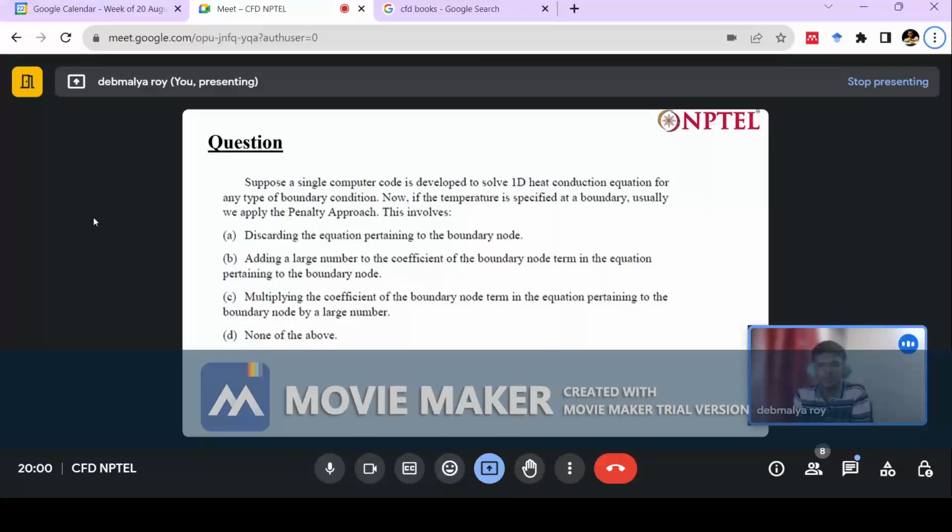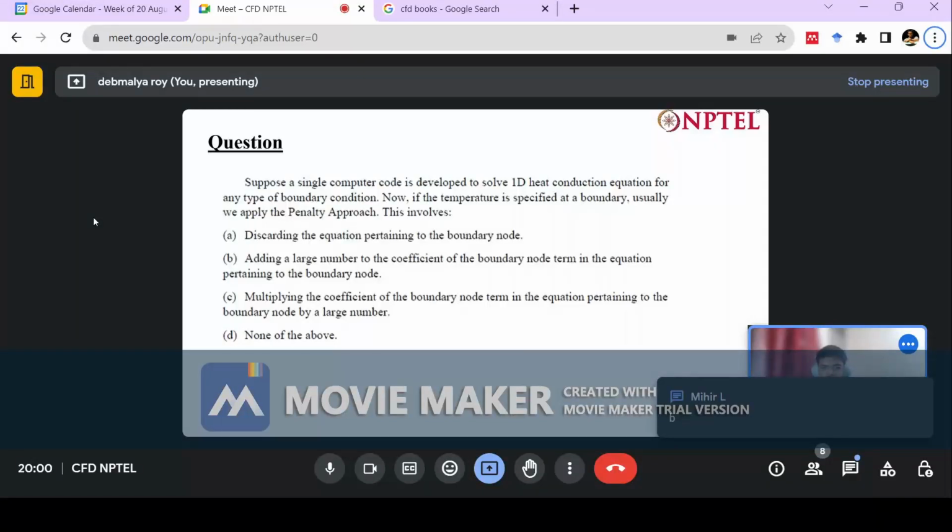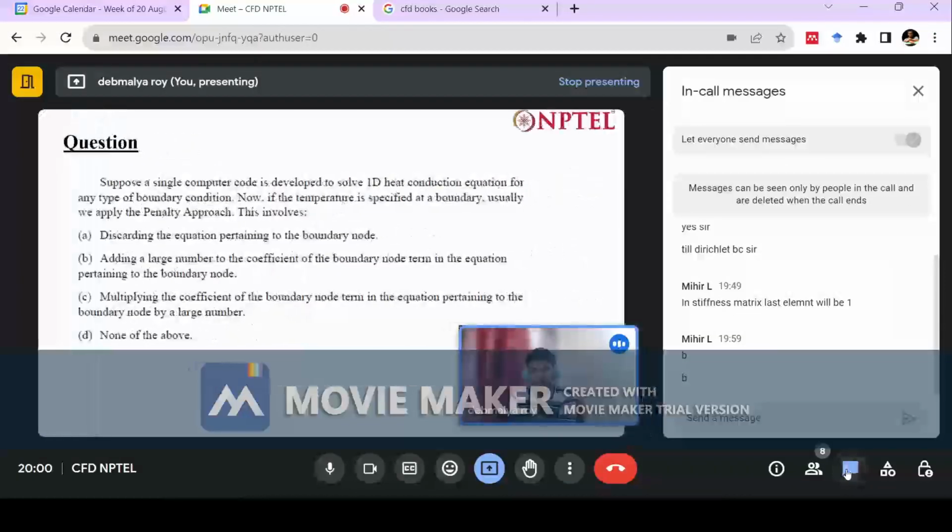So this is for the Dirichlet boundary condition, right? B. B is adding a large number to the coefficient of the boundary node term in the equation pertaining to the boundary node.